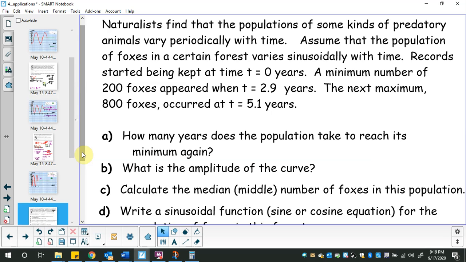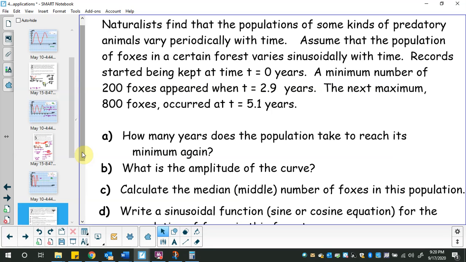So this question, like I said, is sciencey, maybe biology, maybe population studies and geography, because that does happen. Naturalists find that the populations of some kind of predatory animals vary periodically with time, meaning that they follow this sine or cos pattern. In this case, assume that the population of foxes in a certain forest varies sinusoidally with time.